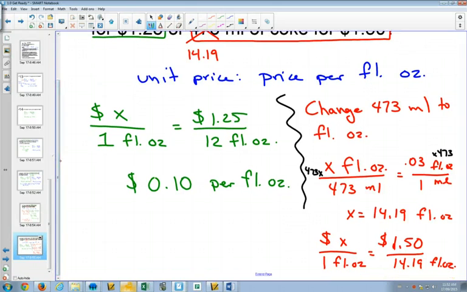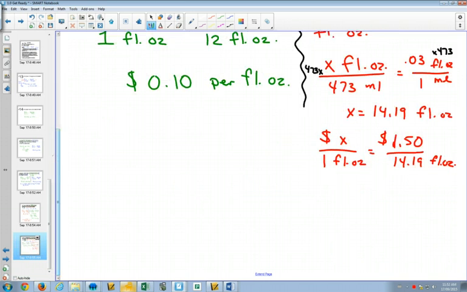So we take our calculator, 1.5 divided by 14.19, and it is rounded 11 cents per fluid ounce.